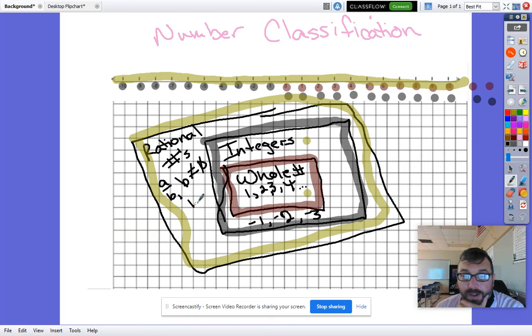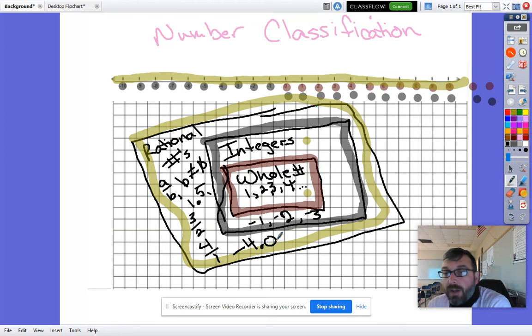That is 1.5 as an example. That is 3/2 as an example. What else is a good example? 4/1, negative 4.0, those are all rational numbers.